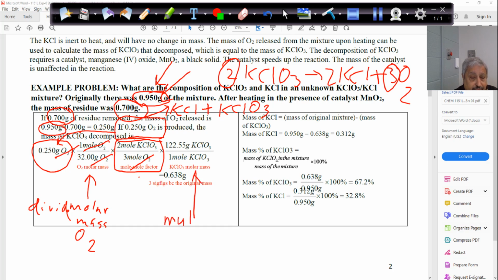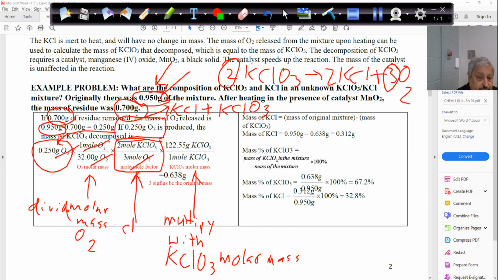multiply with the potassium chlorate molar mass. Correct, guys? And this one here is from the chemical equation. So with this in mind, I got what? My grams of what?